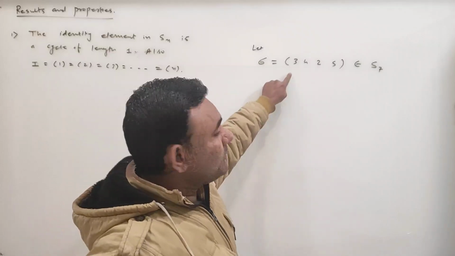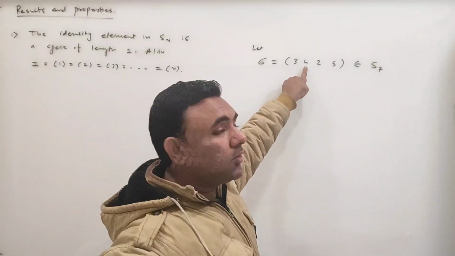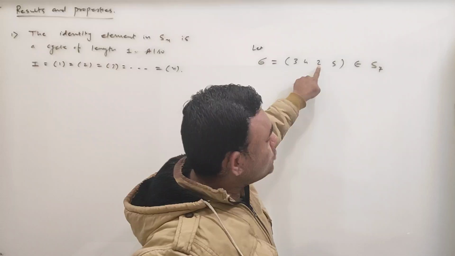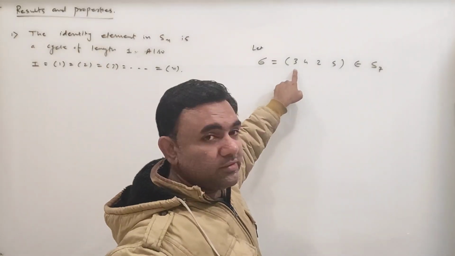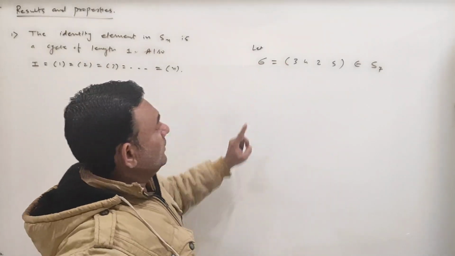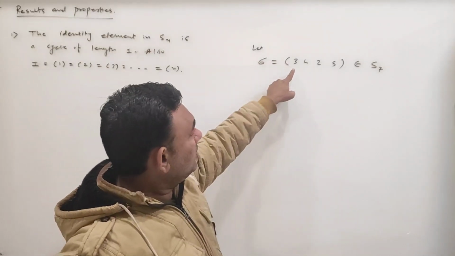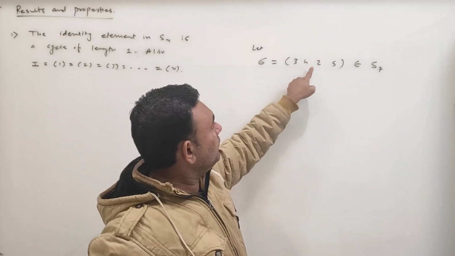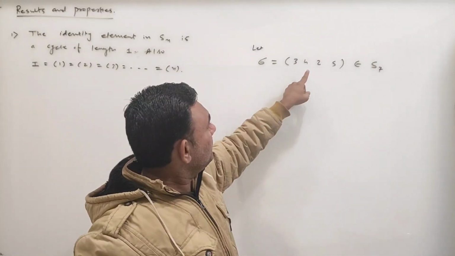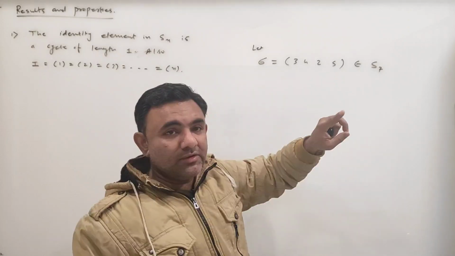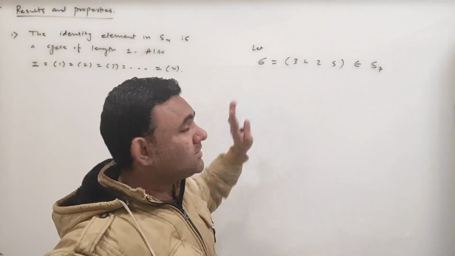So what does it mean? Image of 3 is 4, image of 4 is 2, image of 2 is 5, and image of 5 is 3, and the objects other than 3, 4, 2, 5, so there are remaining 3 objects, that is 1, then 6 and 7. So they are invariant under this sigma.